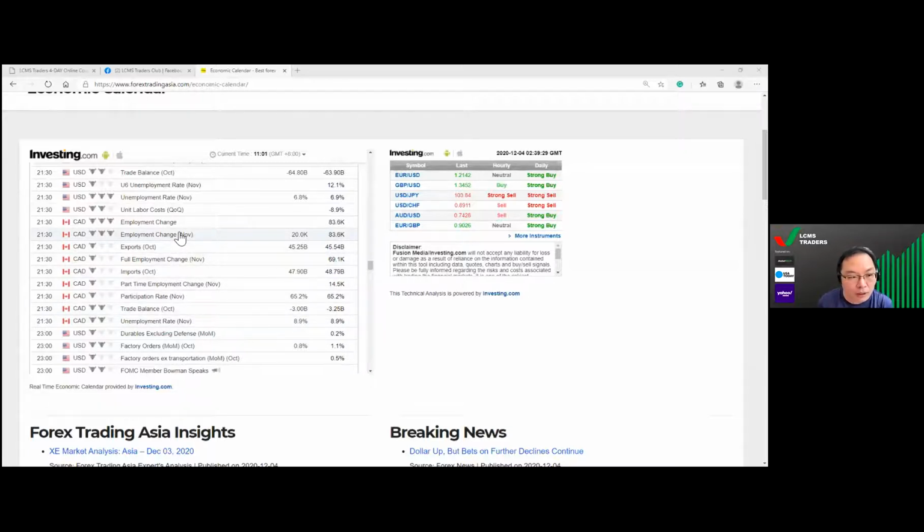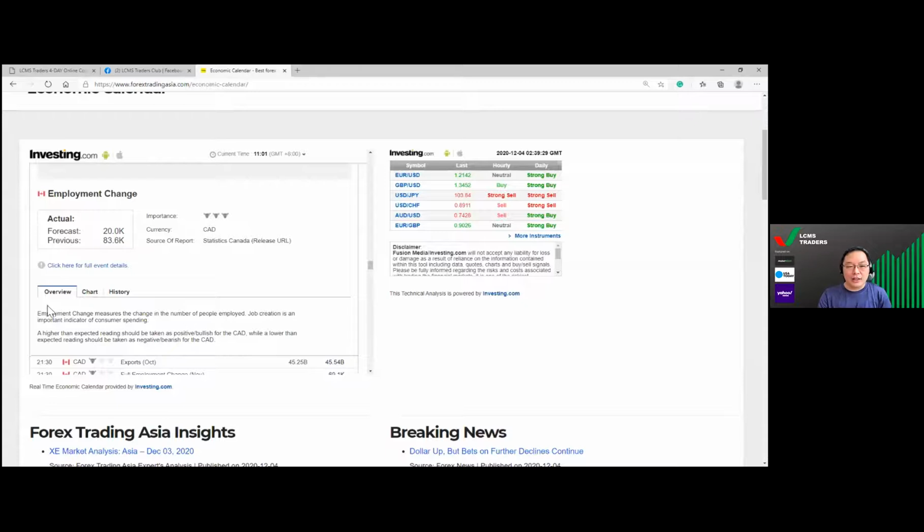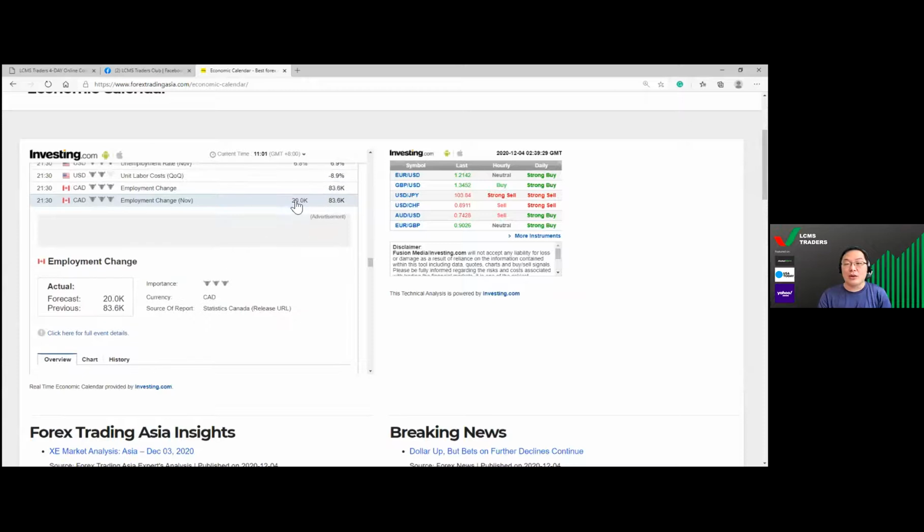So this is employment change, not unemployment. How many people are employed, and how that changes moving forward. If you click here, it tells you it measures the change in the number of people employed, job creation, an indicator of consumer spending. So the change in employment is forecast at about 20K.